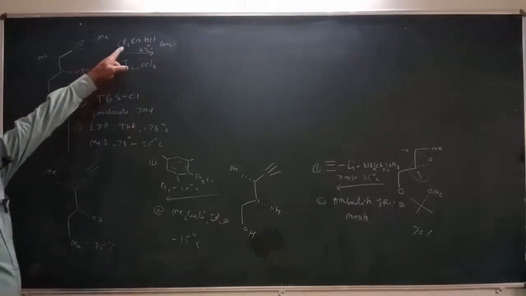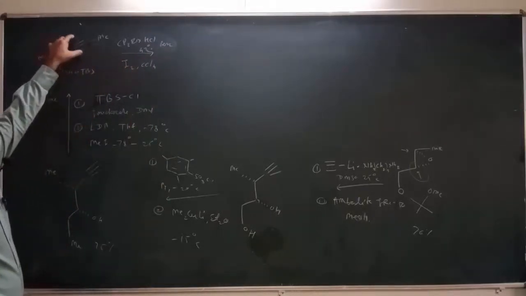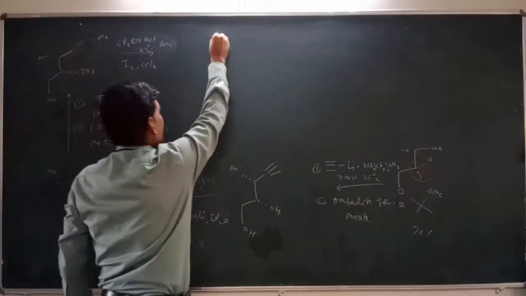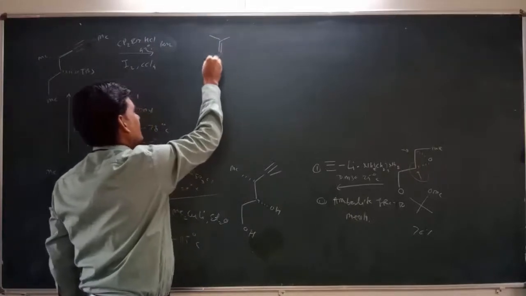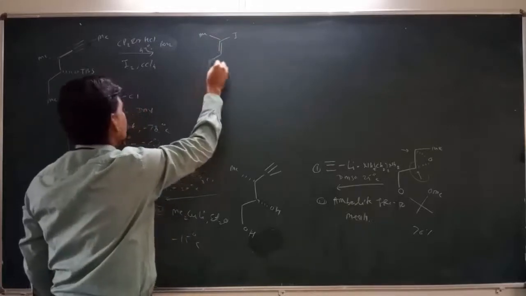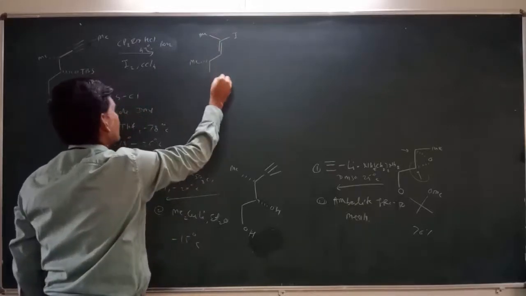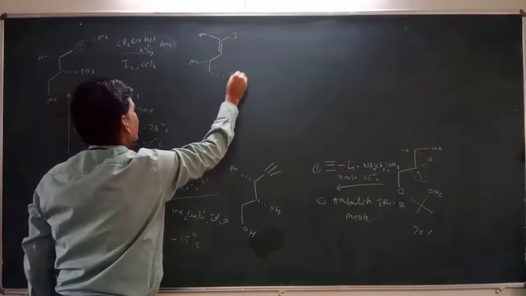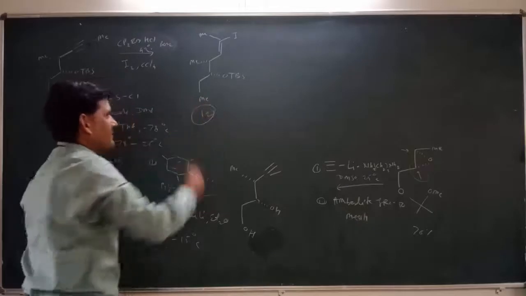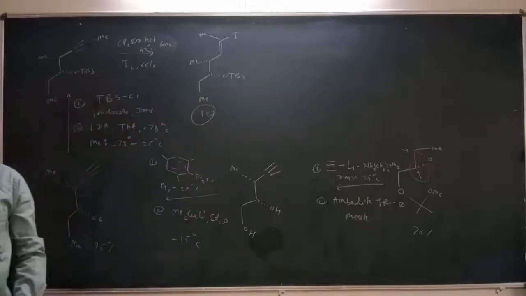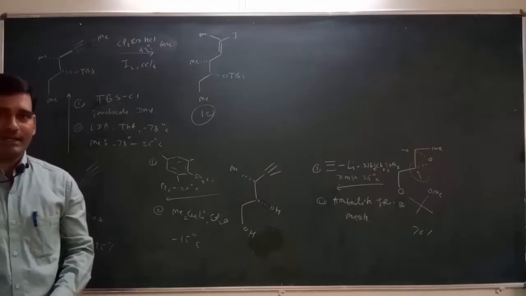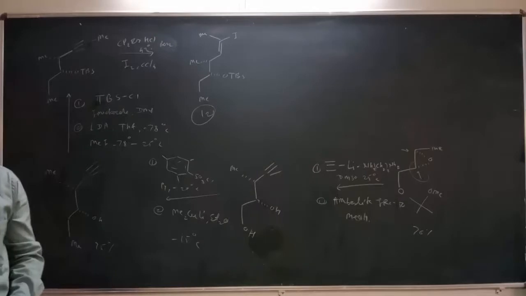So what happens? This zirconocene hydrochloride will reduce this carbon triple bond into a double bond, and then further we can treat this compound with iodine and we get an intermediate, number 12. So here we can do iodination, here is methyl substitution, and then here is this methyl group, here is this OTBS group, and then this is methylation, and this is intermediate number 12. So this intermediate 12 can be further used for the synthesis. It will be combined with the intermediate 11, and then we can do the further synthesis.